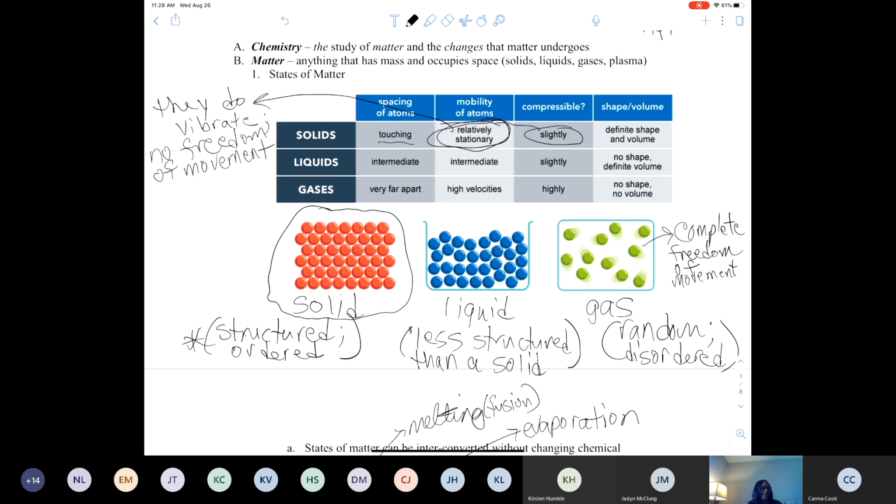So these particles or these atoms that make up this solid, they're very stationary. They're not very mobile. So they have no freedom of movement. However, they do vibrate. Solids are not very compressible, meaning that you can't compress their structure very easily because they have a definite shape and they have a definite volume that they will maintain.